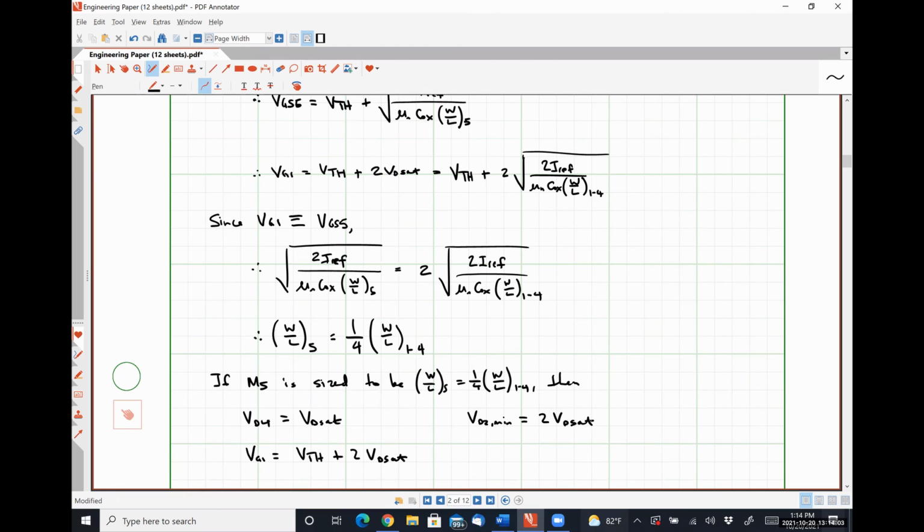And I'm leaving this without proof because logically, if VD4 is at VDSAT, then VD2 just needs to be one VDSAT higher to keep it there, but we could do KVL loops and all that kind of stuff to prove it as well.